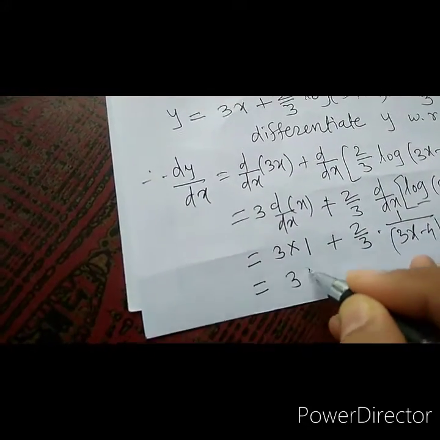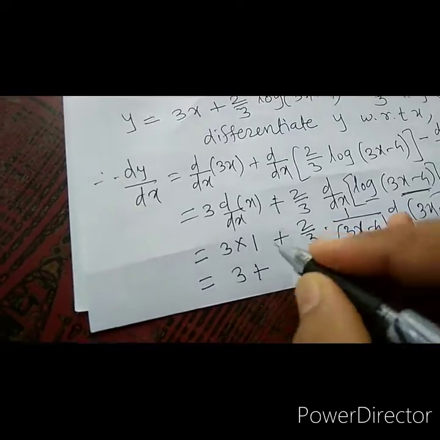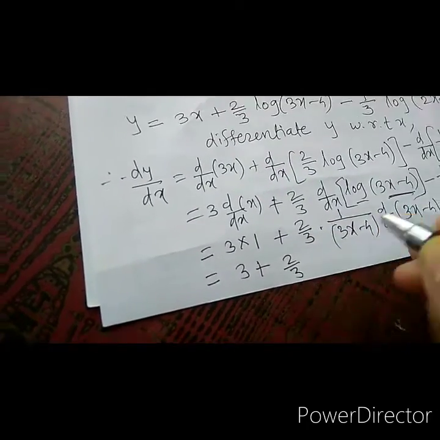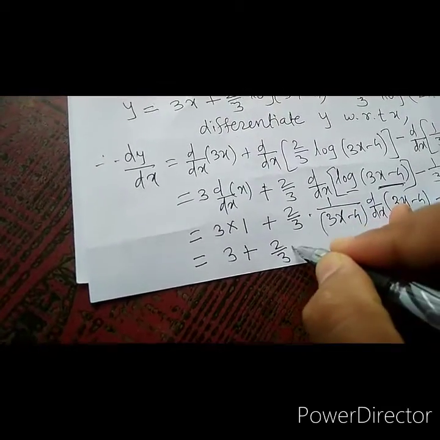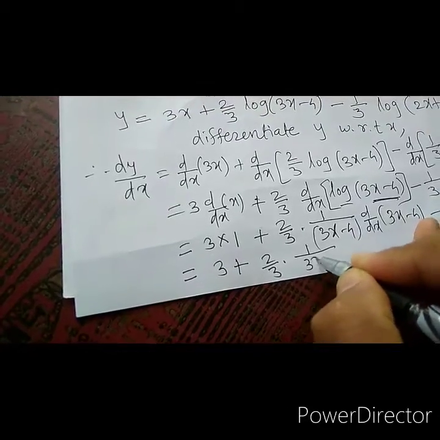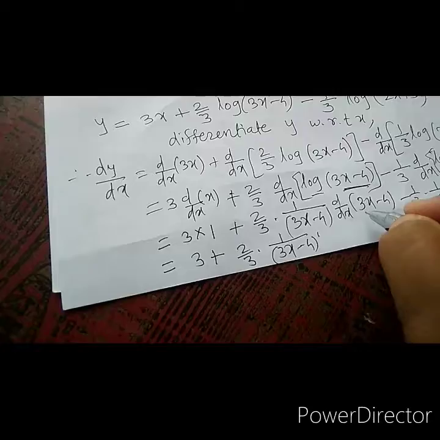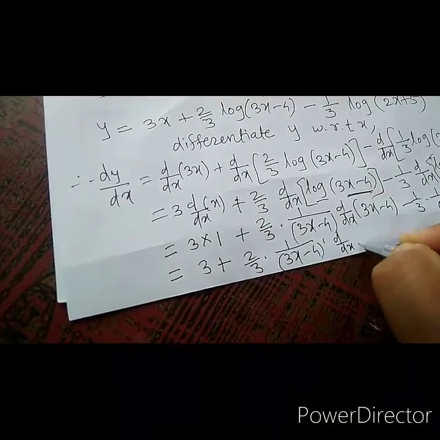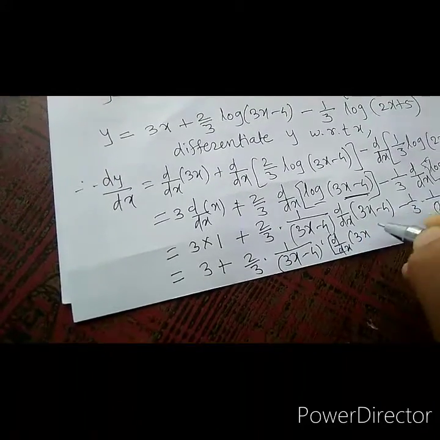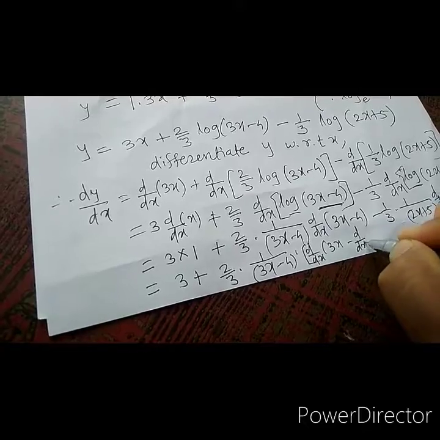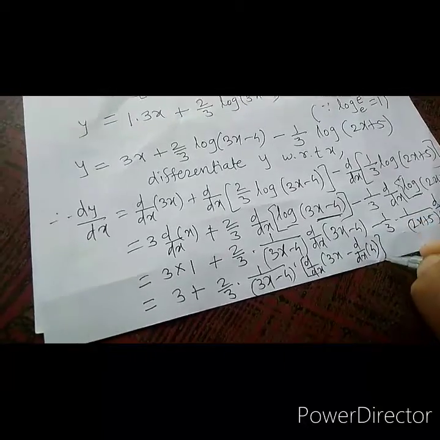Three into 1, that is 3, plus 2 upon 3 into 1 upon (3x minus 4), and its derivative d by dx of 3x minus d by dx of 4, bracket complete.